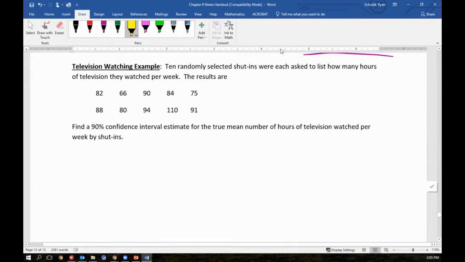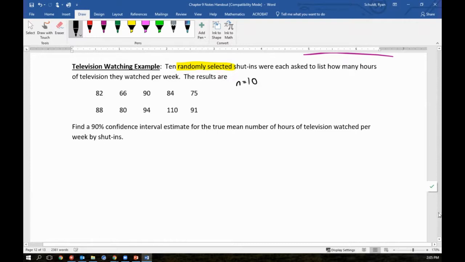Let's make sure first we meet our requirements before we do anything. So, is the sample random? Yes. I say randomly selected. Is the sample large? No. How many do we have? What's our n? n equals 10.